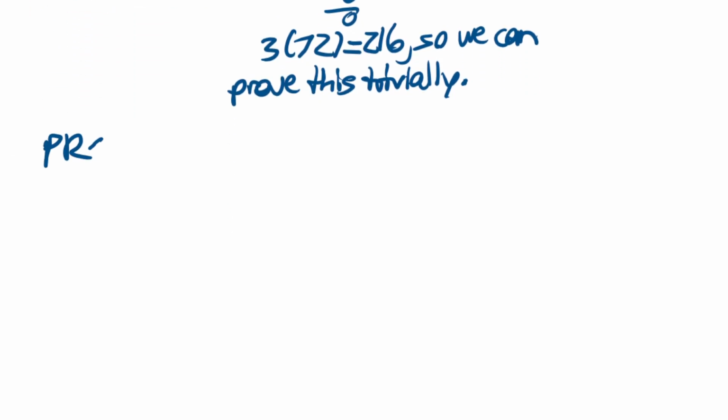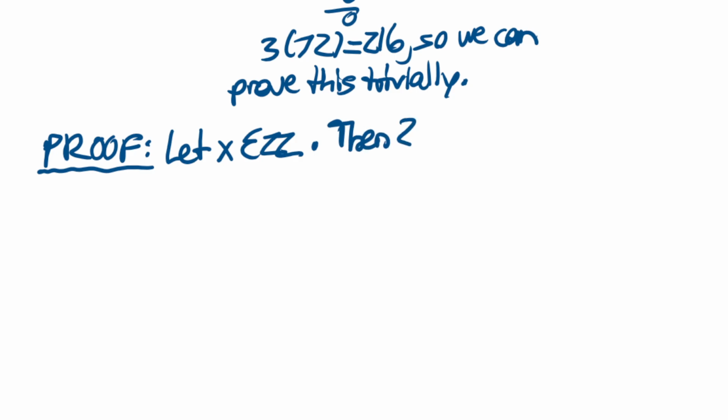So let's put our title, and then we will first define our variables. Let x be an integer. So then 216x equals 3 times 72x.